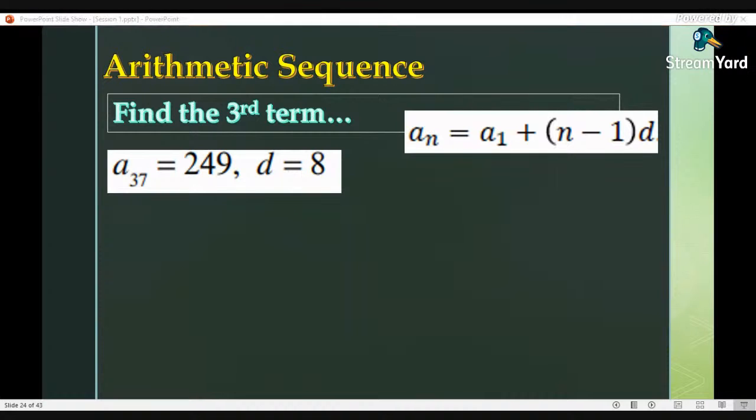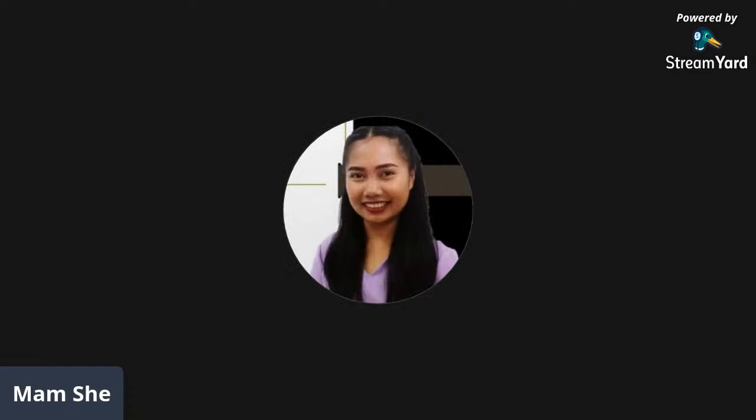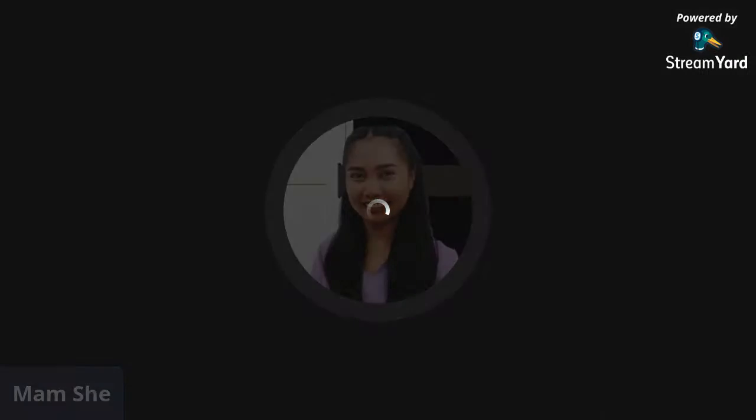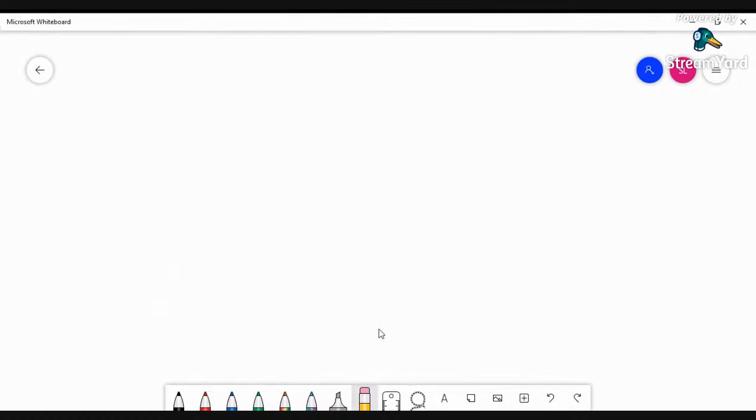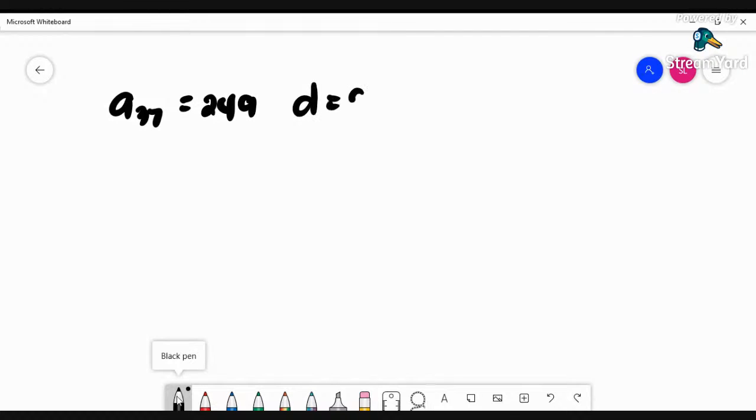So let's try to solve that. All we have to do is substitute the values. Our A sub 37, or the 37th term, is equal to 249, and our common difference is equal to 8.